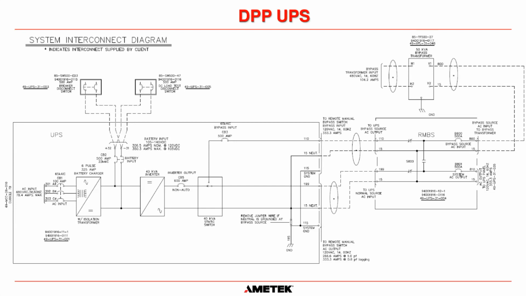The recommendation always is that the neutral on the secondary of the transformer is tied to ground at the bypass transformer. That is the industry standard. And if you do that, then you have to remember this wording here. It says remove jumper wire if neutral is grounded at the bypass source.